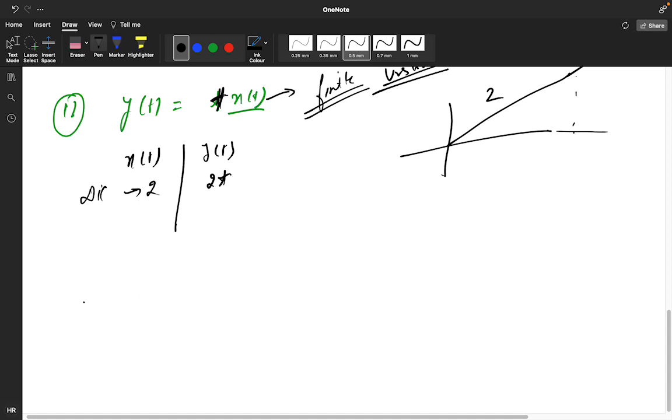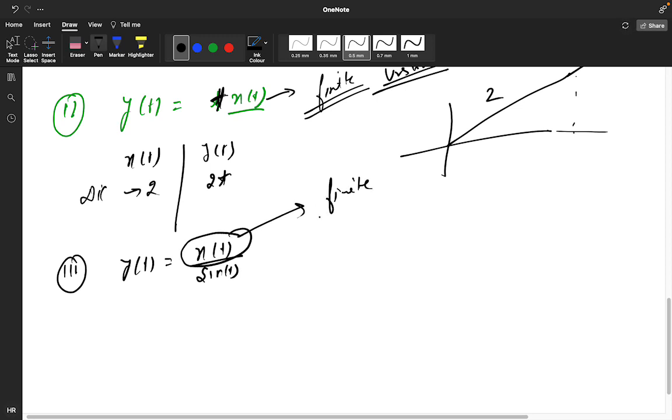What about this? The third one is y of t is equal to x of t sine t. So the value you put needs to be finite only. Even if t is infinite or minus infinite, check it like this.